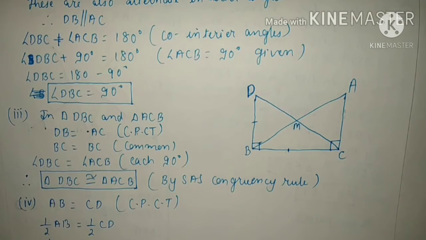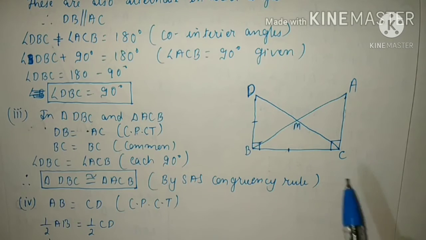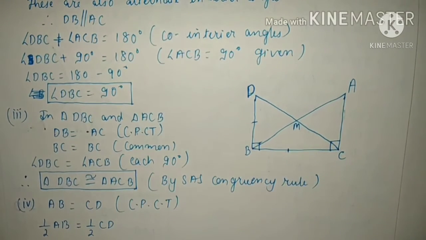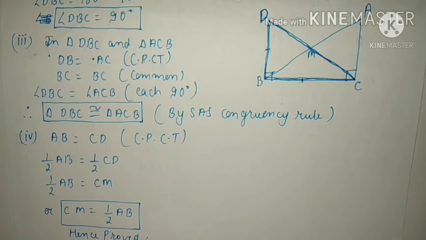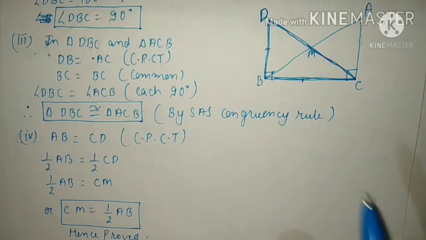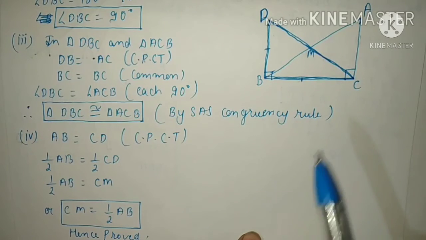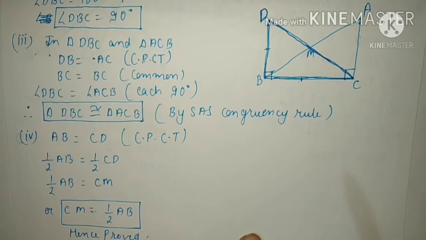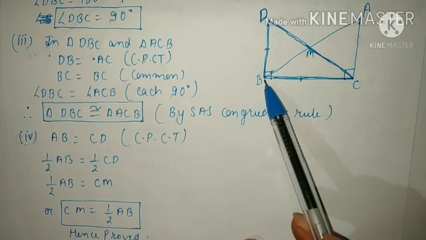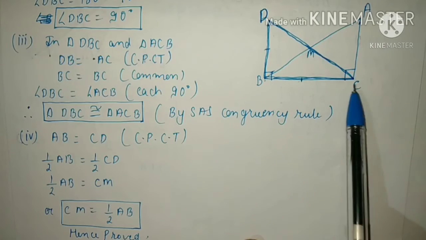Now let's see the fourth part. In the fourth part we have to prove that this CM is half of this AB. First of all, we have proved these two triangles congruent, triangle DBC and triangle ABC. So by CPCT, this AB will be equal to this CD.